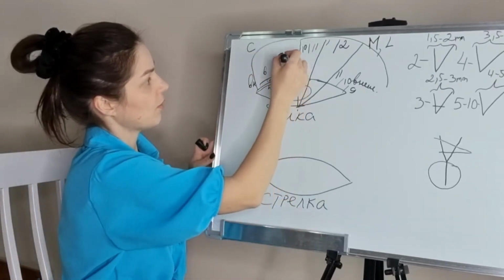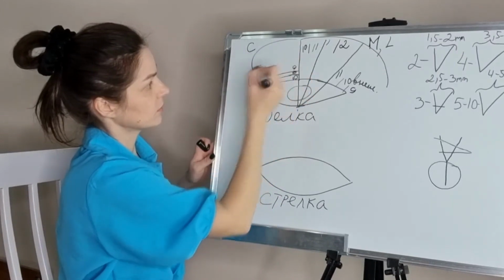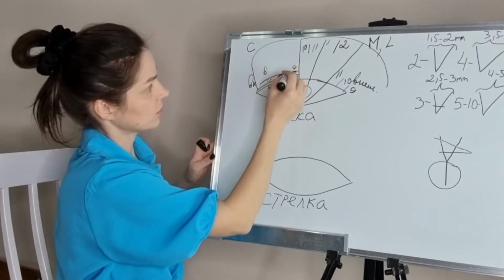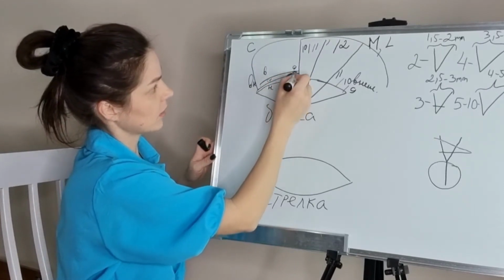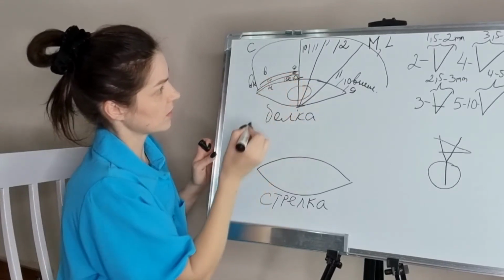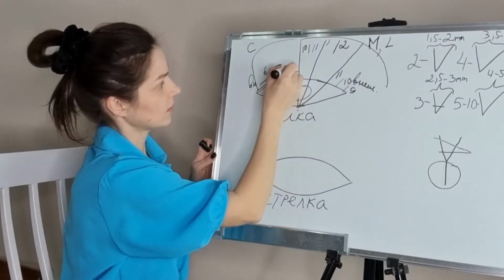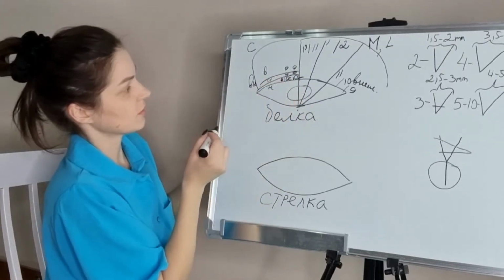But then, yes, we put a 10 here again. Here we have the L curl 10, here the C curl 9, 9, and then 9 again.